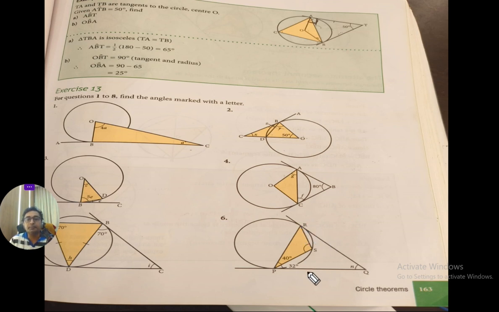Now, this angle is 40, this angle is 32. So, this is your 72 degree. Clear?